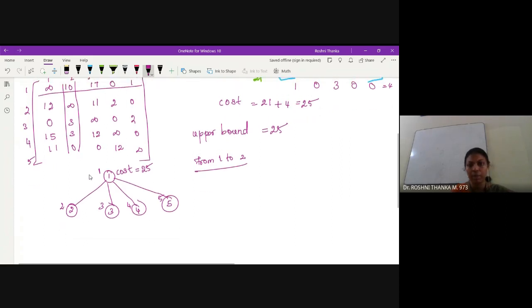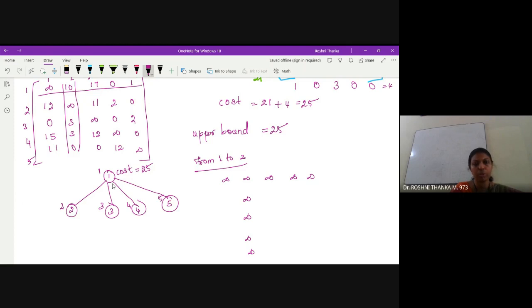So how will our matrix be changed to infinity? The first full row will become infinity, so 5 infinities, and the second column will also become infinity. One more thing you have to remember: when I move from node number 1 to 2, we don't backtrack from 2 to 1, right?